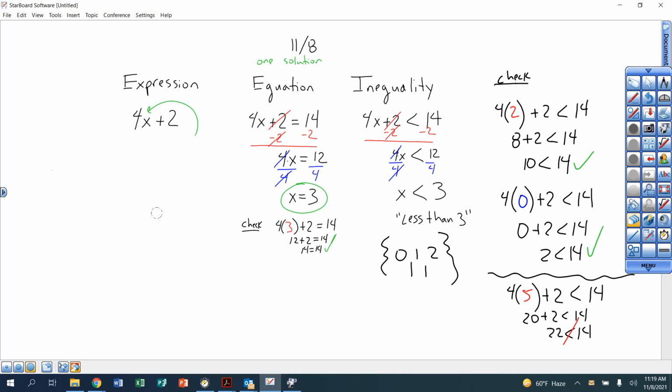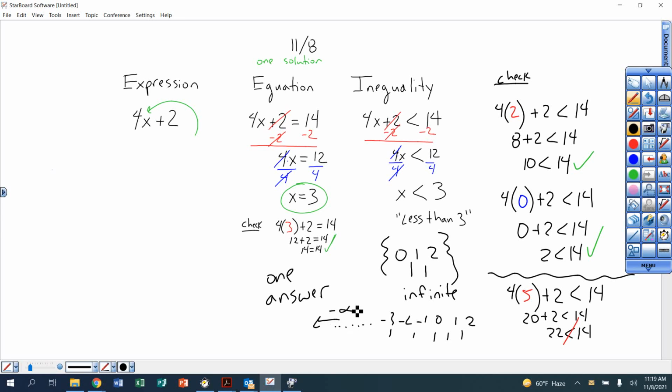If it's an equation, there's only going to be one answer. There's only one number I could plug in for x and get that 14. If it's an inequality, I have an infinite amount of answers because again, I could have kept on going numbers smaller than 3. All these numbers smaller than 3, going all the way to infinity, to negative infinity. All those numbers smaller than 3.